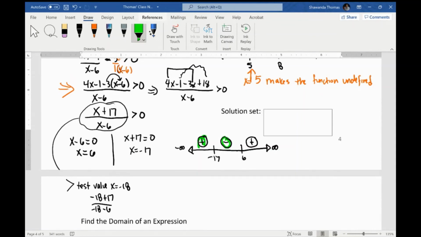All right, so what type of numbers do we want for our solution? What type of numbers meet the criteria? Positive numbers. All right, so give me the interval that works. Negative infinity to negative 17. Parenthesis or bracket here? Parentheses. Yep. Union.